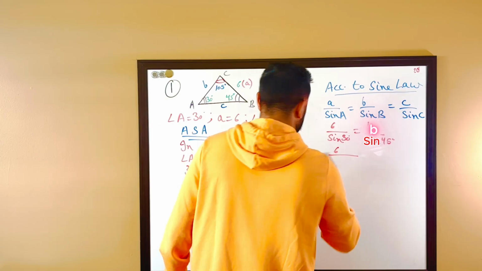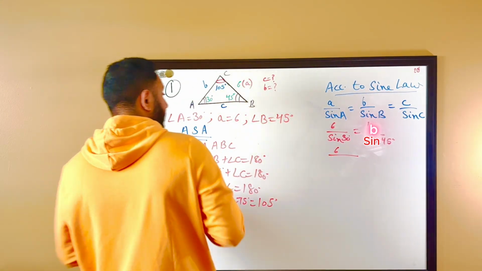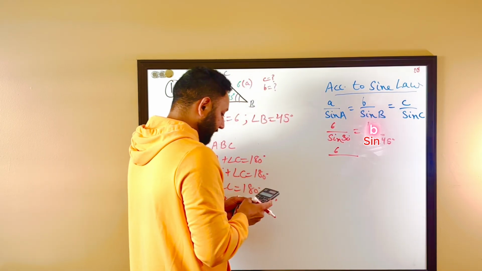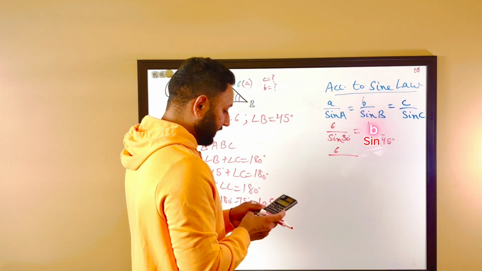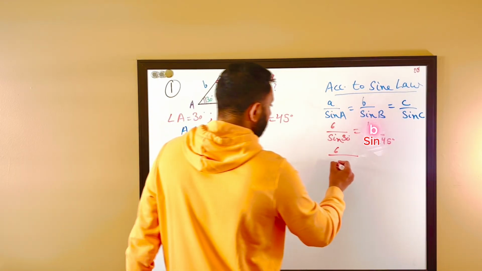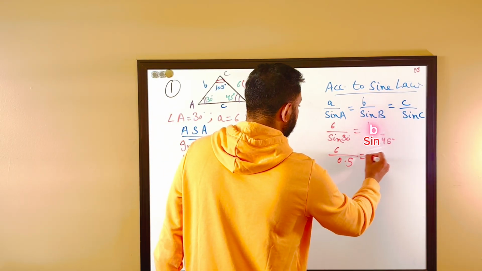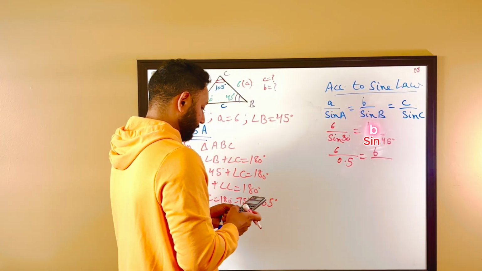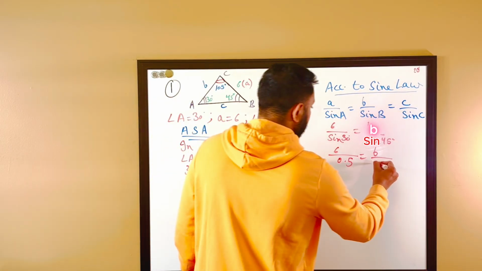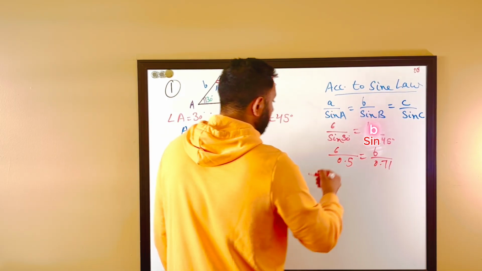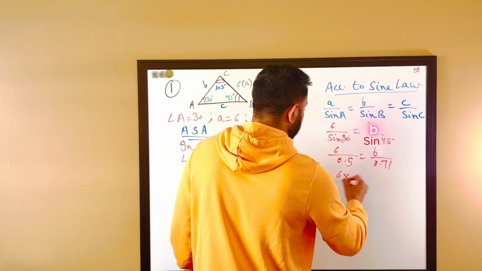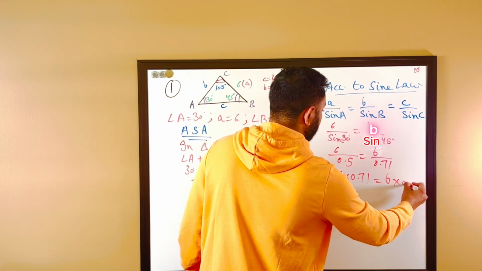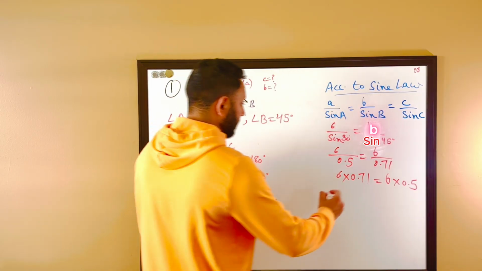Here we're going to use a scientific calculator in order to find sine of 30 degrees. So sine of 30 degrees is 0.5, and sine of 45 degrees is 0.71. So 0.71 b equals 6 into 0.5.